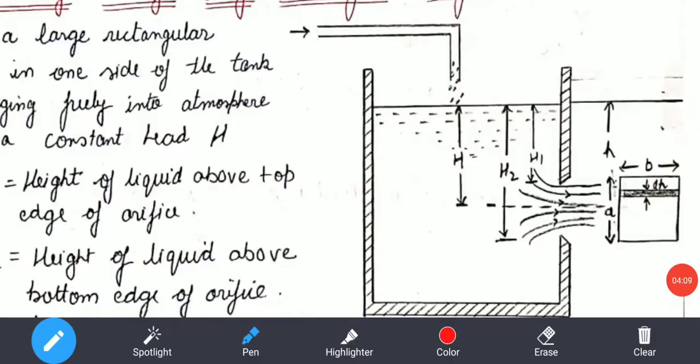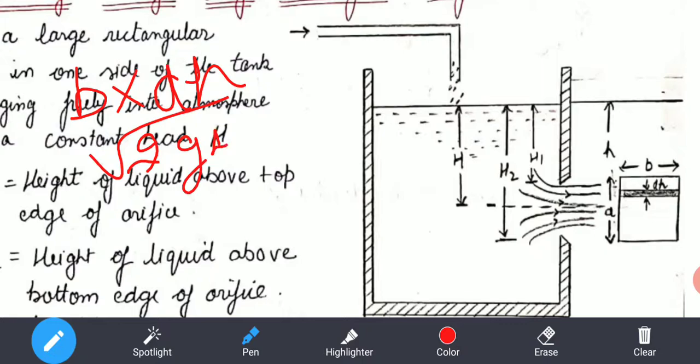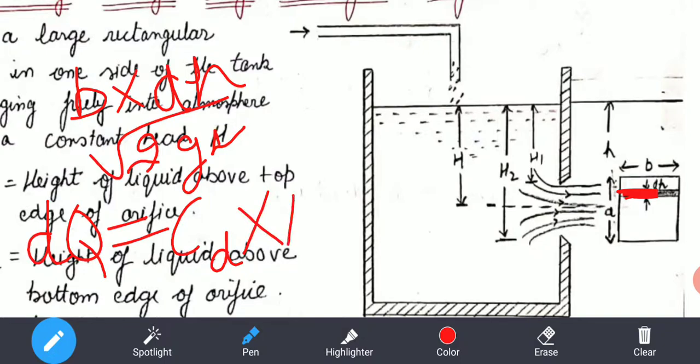Now you know the area of the strip, that is b into dh, and you also know the theoretical velocity, that is under root 2gh. So can you obtain the discharge for this small strip? Because the strip is very small, we consider a small discharge, dq. It is equal to Cd into area of the strip into velocity.